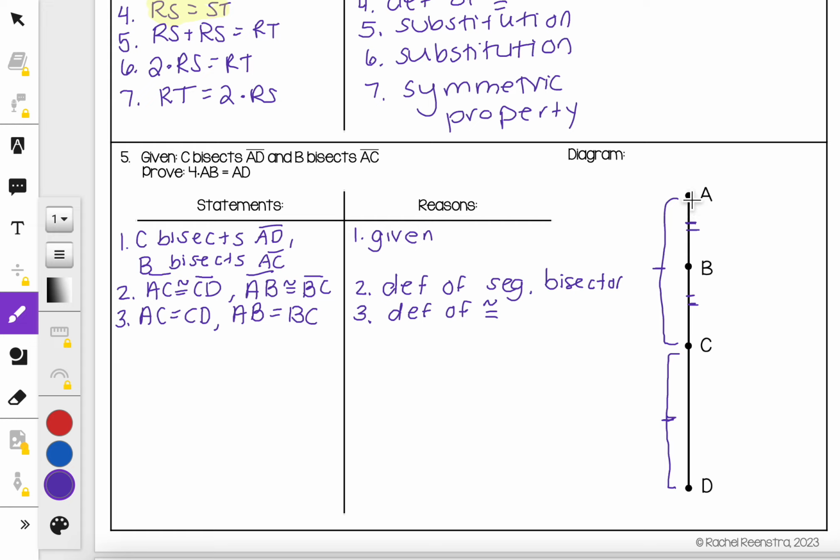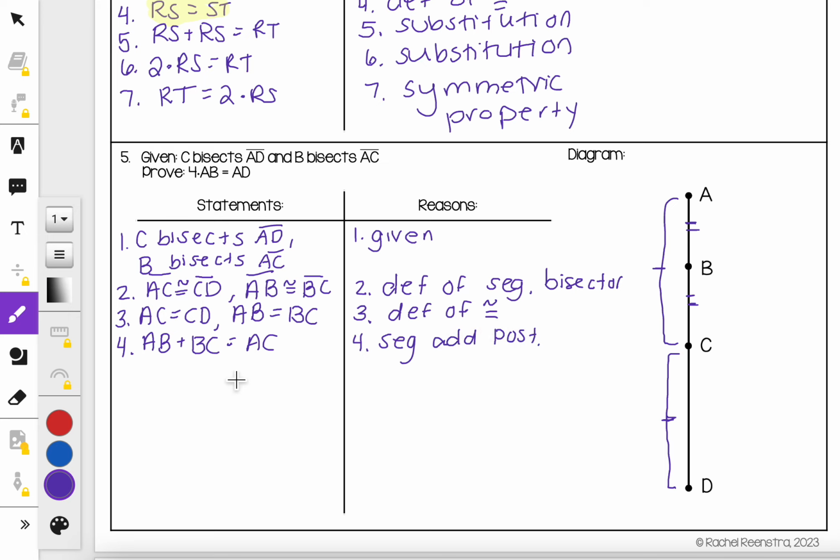First, I'm going to say that AB plus BC equals AC.